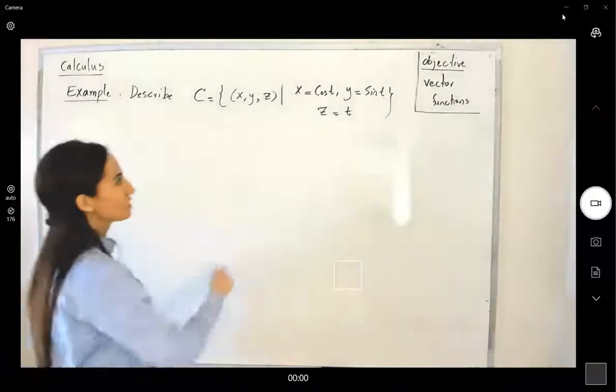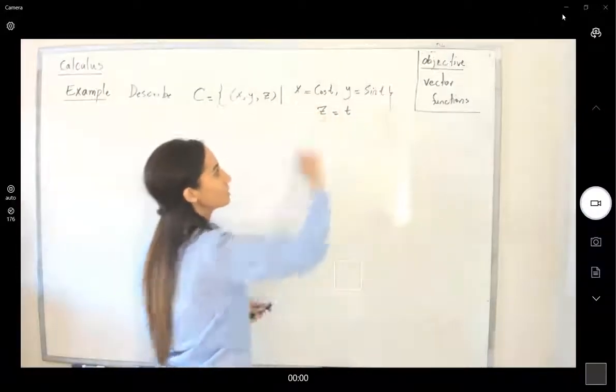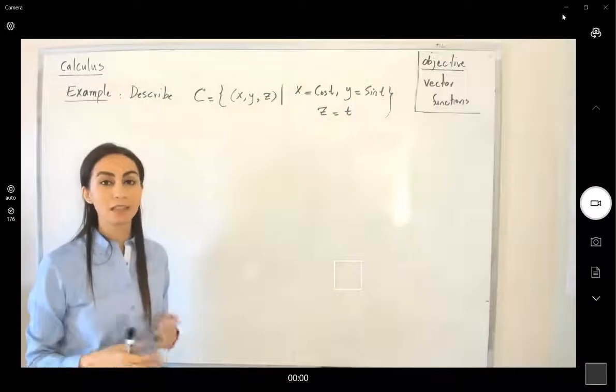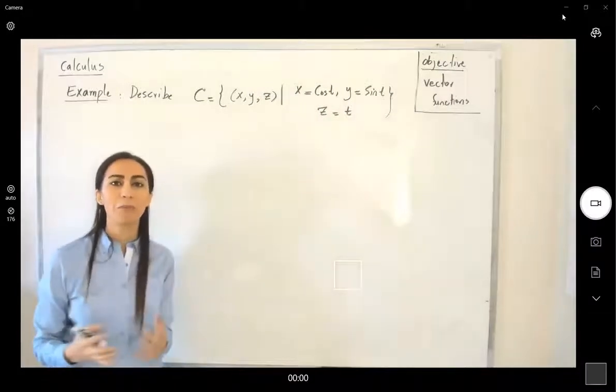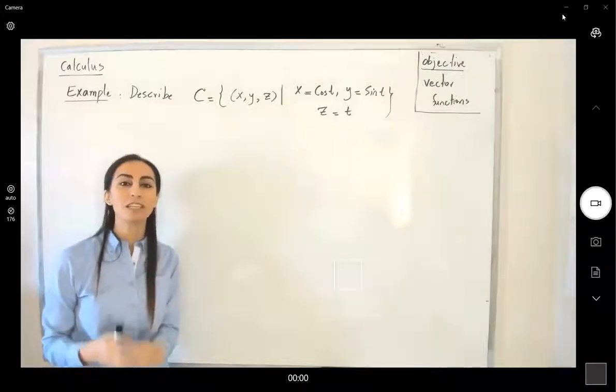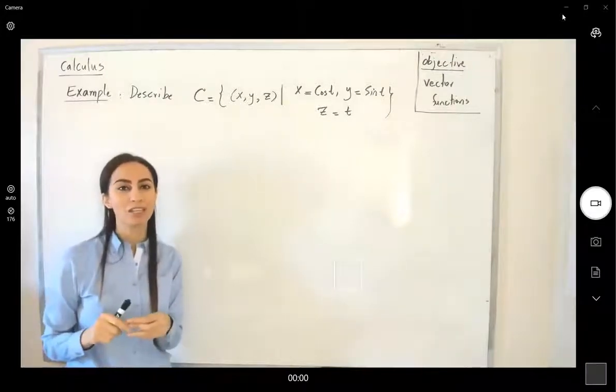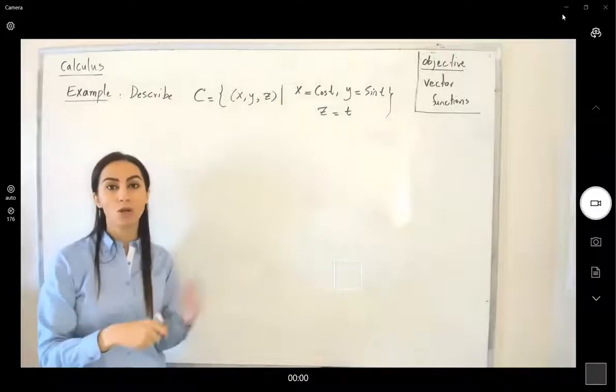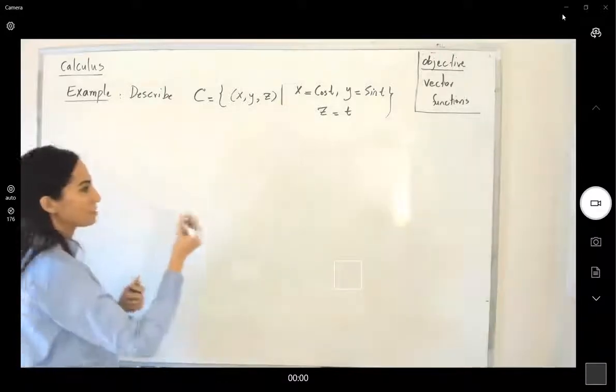Okay, perfect. So my x is cosine t, my y is sine t. Remember that when we talked about parametrization of functions, we said that one of the famous and important parametrizations is using sine and cosine.